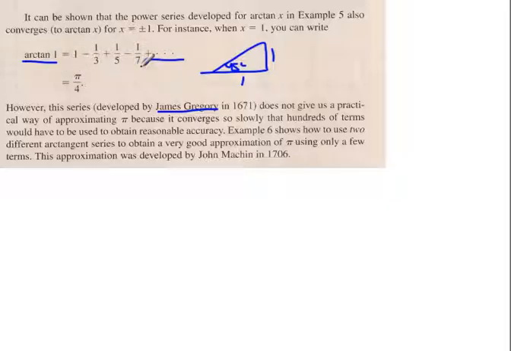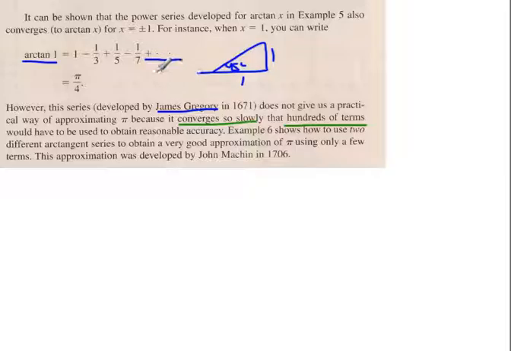So this is one of the first ways that pi was really accurately produced, but it was really expensive. What do I mean expensive? It converges very slowly. You needed hundreds of terms for reasonable accuracy, so let's just see what we've got right there. If we just do that many terms, we get 1 minus 1 divided by 3, plus 1 divided by 5, minus 1 divided by 7.